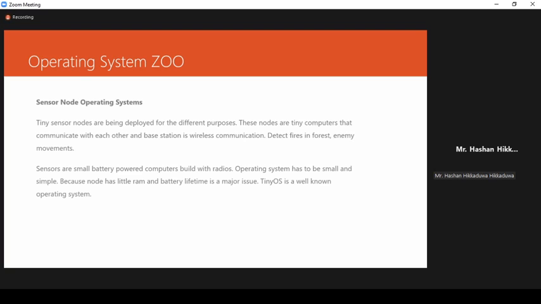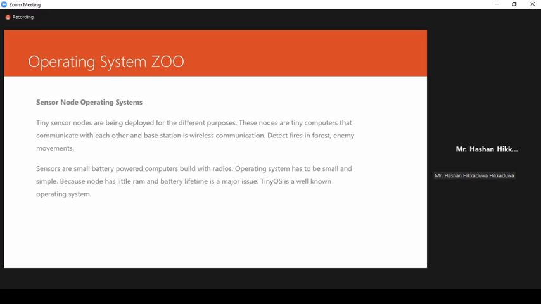So sensor nodes are being deployed for different purposes. Nodes are tiny computers that communicate with each other. In these scenarios we are using tiny computers. These computers can communicate with each other, and the base station is wireless communication. They detect fires in forests, enemy movements. Sensors are small battery-powered computers built with radios.